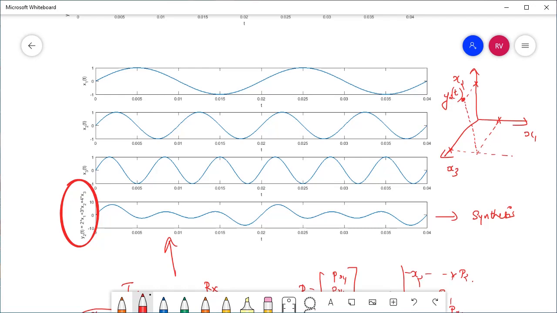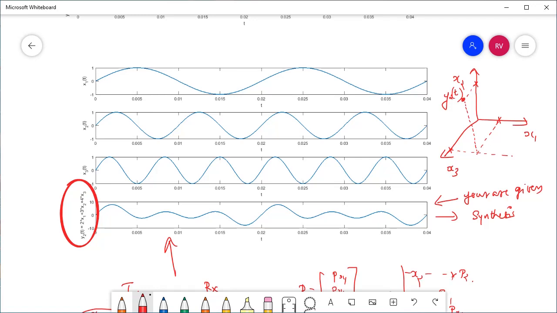Now suppose you are given this signal, and you are asked to find the contribution of the first basis to the signal, the contribution of the second basis to the signal, and the third basis to the signal.